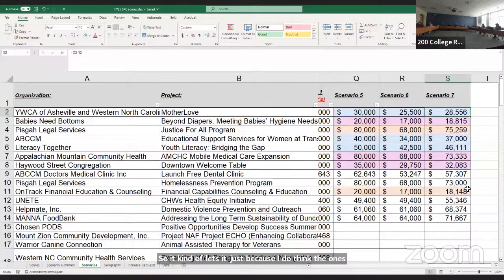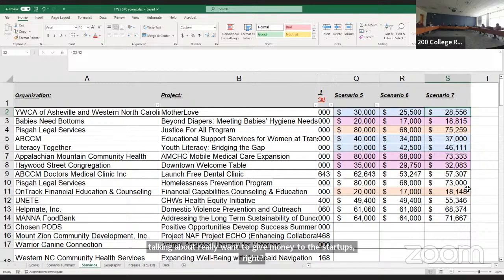And I know Ray was not here, he's always talking about how we really want to give money to the startups, right? So we could conceive of saying we want 20% of our funding to go to new initiatives or something.